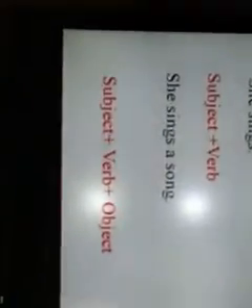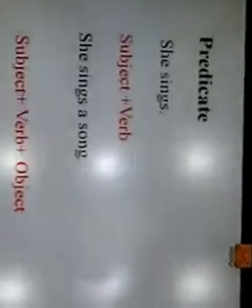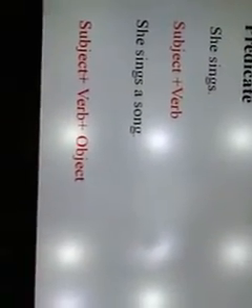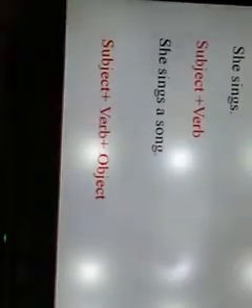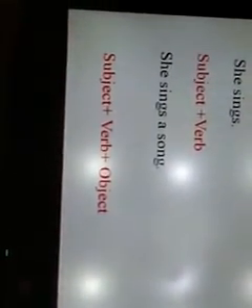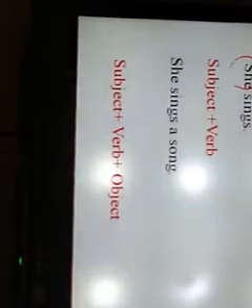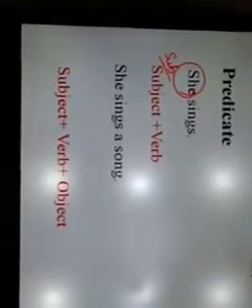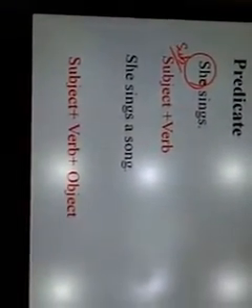Now let's discuss predicate. What do you see in this picture? There is a girl. What does she do? She sings. She sings. What is the subject in this sentence? She is the subject. And what is the predicate of this sentence?